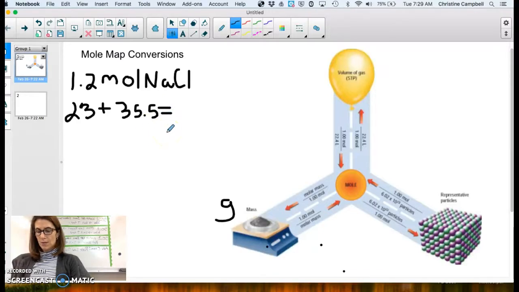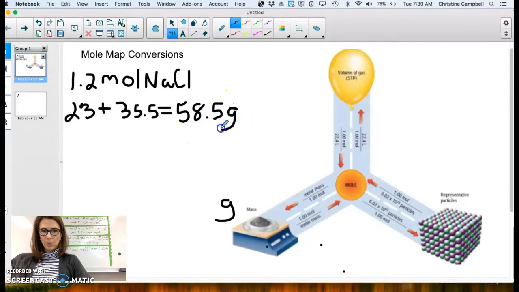So 23 plus 35.5, and we get 58.5. Okay, and that is grams per 1 mole.